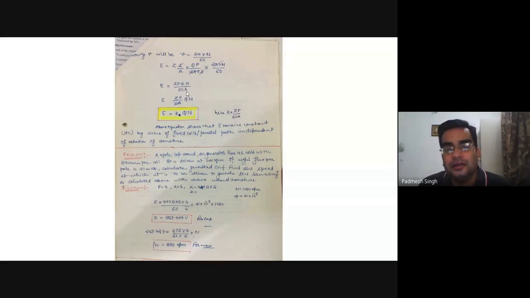And if a machine is wave wound, then the number of parallel paths is always 2 irrespective of the number of poles in the machine. So if lap wound, A equals P, and if wave wound, A always equals 2. So this ZP upon 60A is a constant.